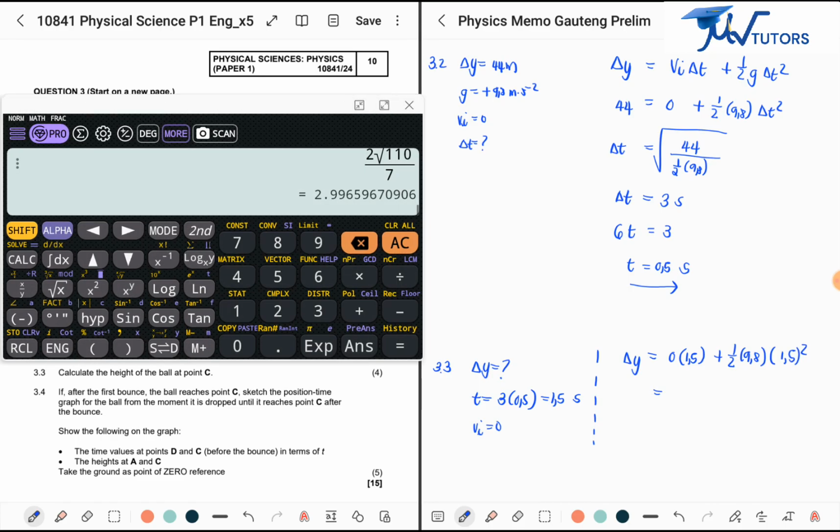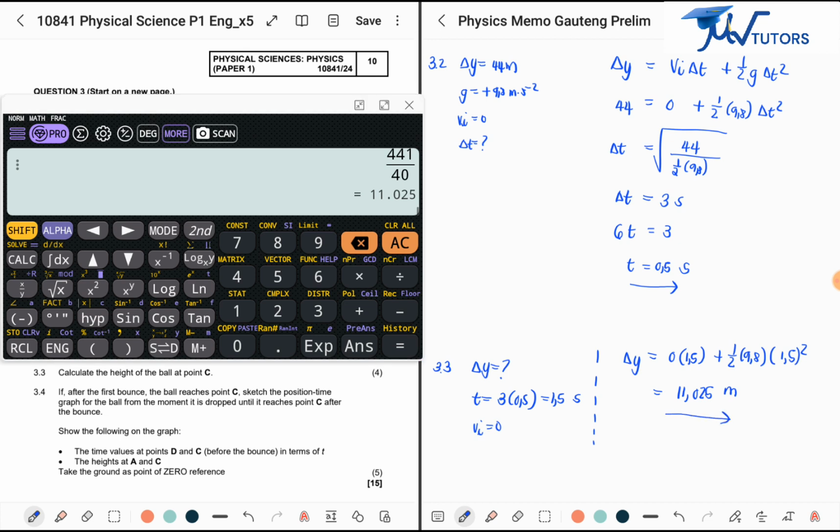Alright, so we have 0.5 times 9.8 times 1.5 squared, and we have there 11.025.